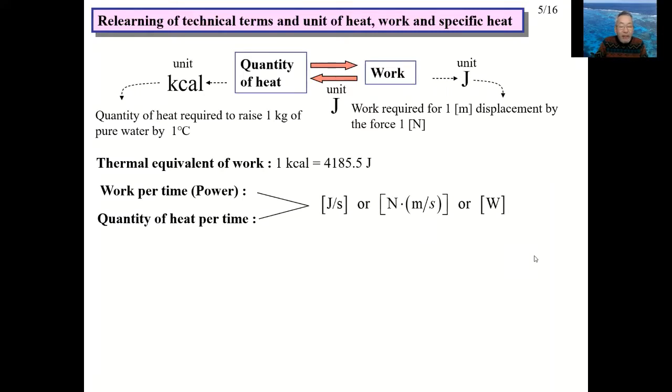Work per unit time and heat quantity per unit time have the same unit, that is joule per second or Newton meter per second or watt. Work per unit time is called power. Heat quantity moving per unit time and per unit area is the heat flux. Its unit is watt per square meter.